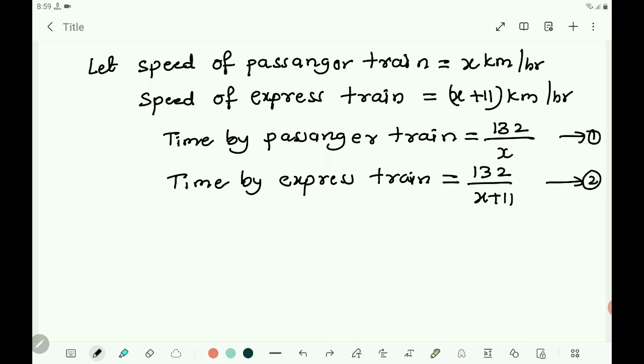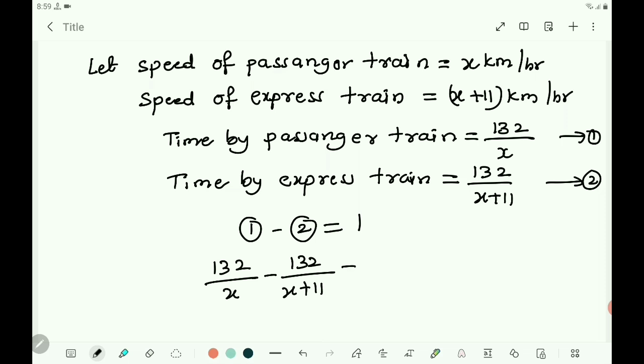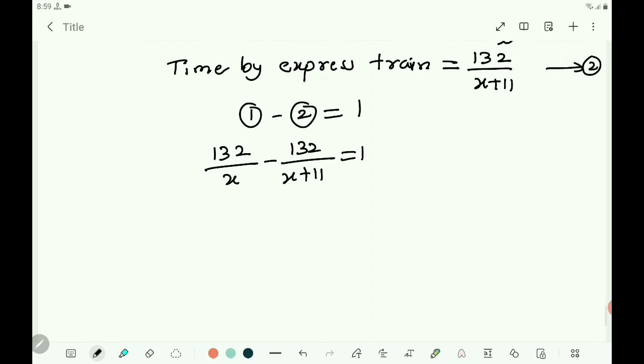Then the first time minus second time equals how much? 1 hour. First time is 132 by x, second time is 132 by x plus 11, equals 1.